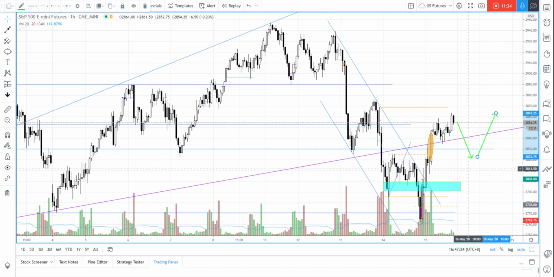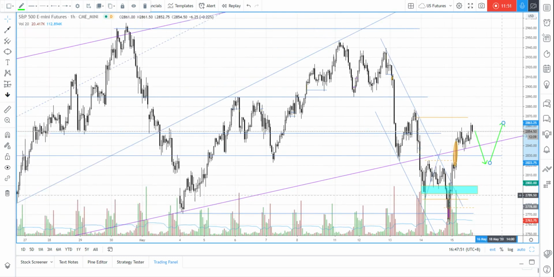And further down, 2800 is another level, but I think 2820 to 2830 is quite an important level to pay attention to, because for the spring to be valid, we definitely need to see that it can keep rallying further to test higher targets. Otherwise it might just turn out to be a failure and go back to test lower targets.